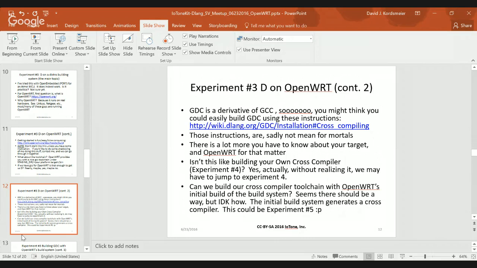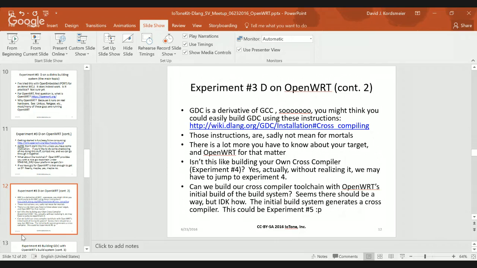thinking about it, the OpenWRT system gives you a cross-compiler toolchain that you build when you build the SDK, essentially. So the original thinking was, well, maybe I can stick GDC in there somehow. I think there's a way to patch it so that the original SDK that it gives you includes GDC.